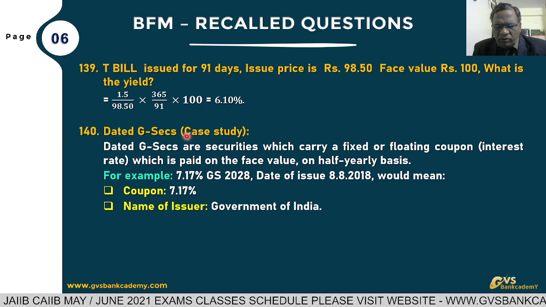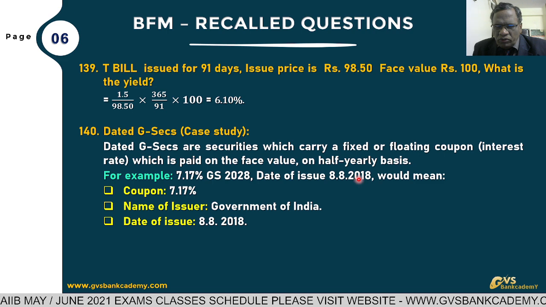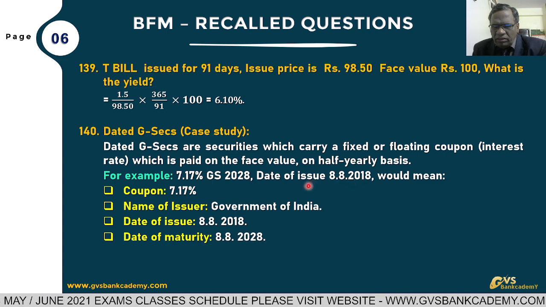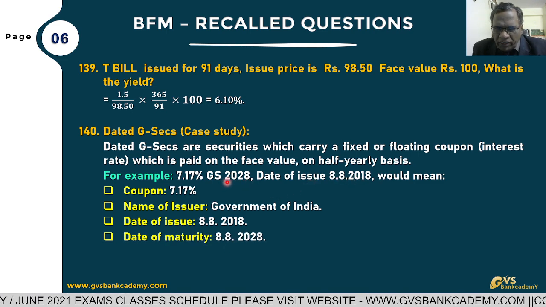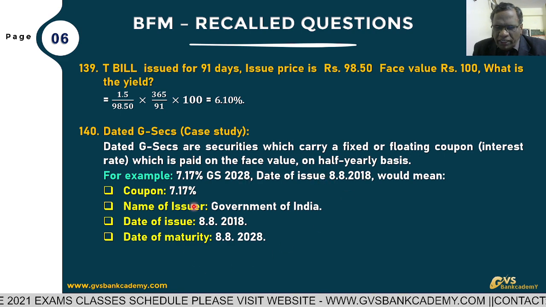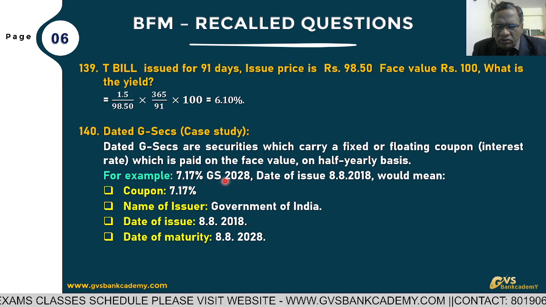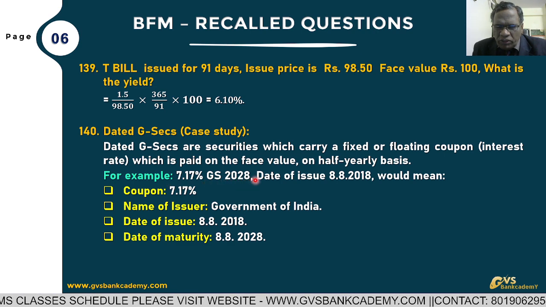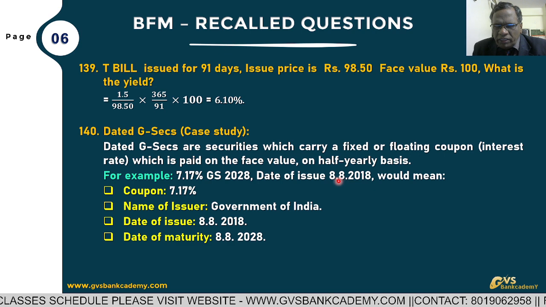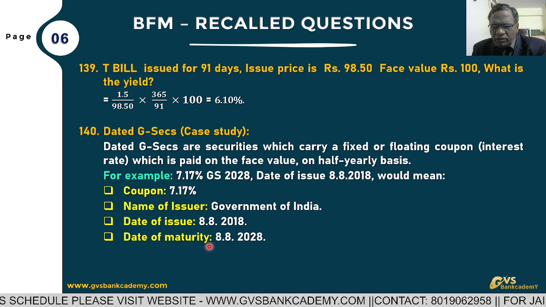GSEC means issued by the Government of India. The date of issue is 8/8/2018, which is already there. For the date of maturity, we can see 2028, so 8/8/2028. This is a 10 year bond, although it was not mentioned that it is a 10 year bond. It is going to mature in 2028, so 8 August 2018 plus 10 years is the date of maturity.